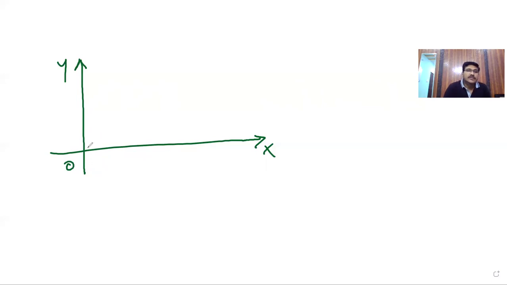This is one of the vectors, that is a bar. b bar is another vector. The angle between them is theta.